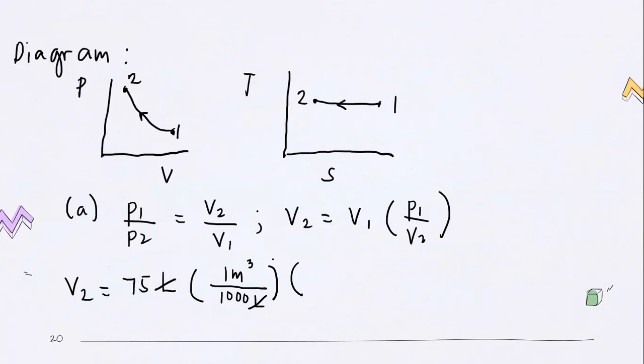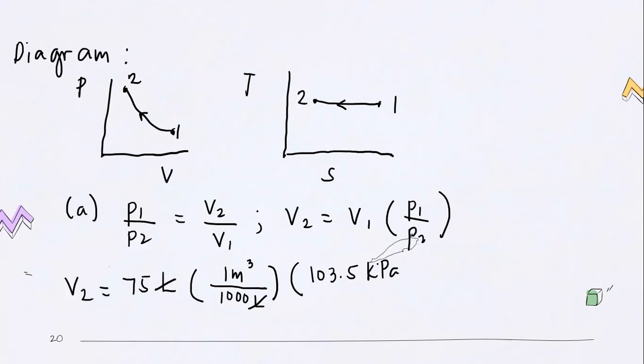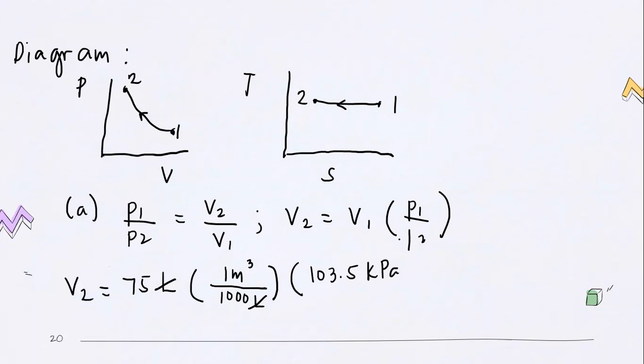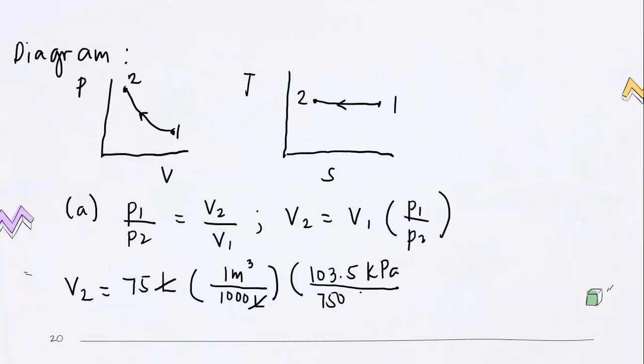P1 is 103.5 kilopascal, over P2, which is 750 kilopascal. So V2 is equal to 0.0104 cubic meter.